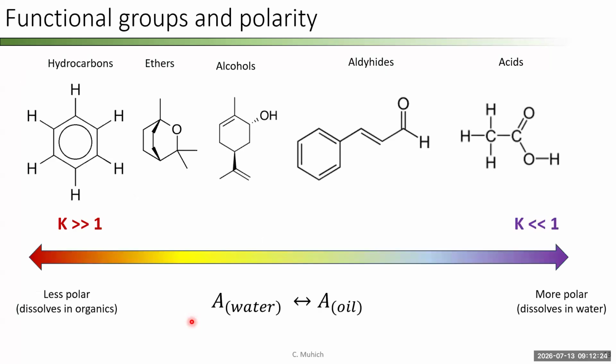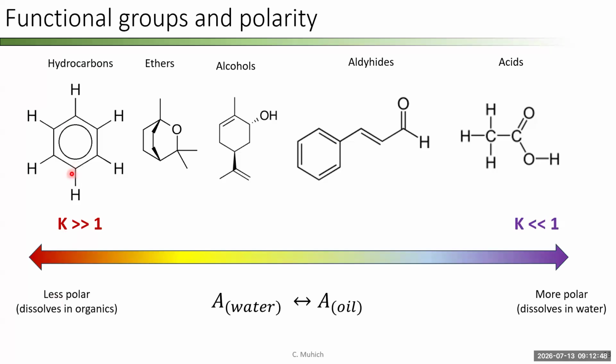Our functional groups and their polarities are going to give us an idea of whether these molecules want to be in water or oil. If we consider once again A water going to A oil, these hydrocarbons, which are less polar, as we described earlier, are going to have Ks which are much, much larger than 1.